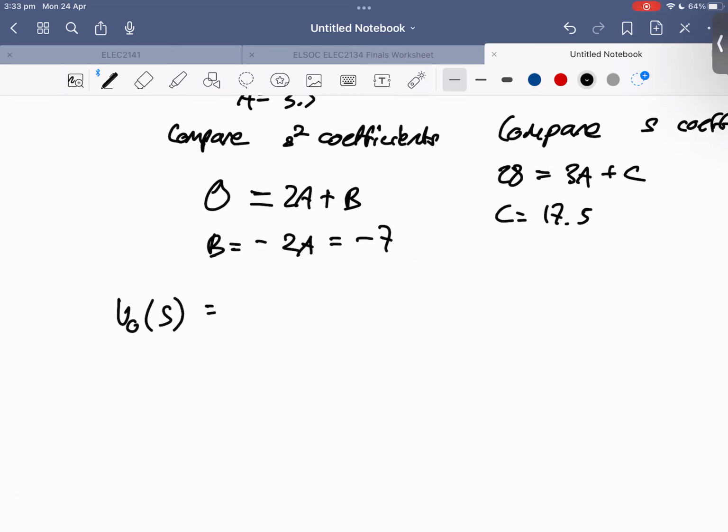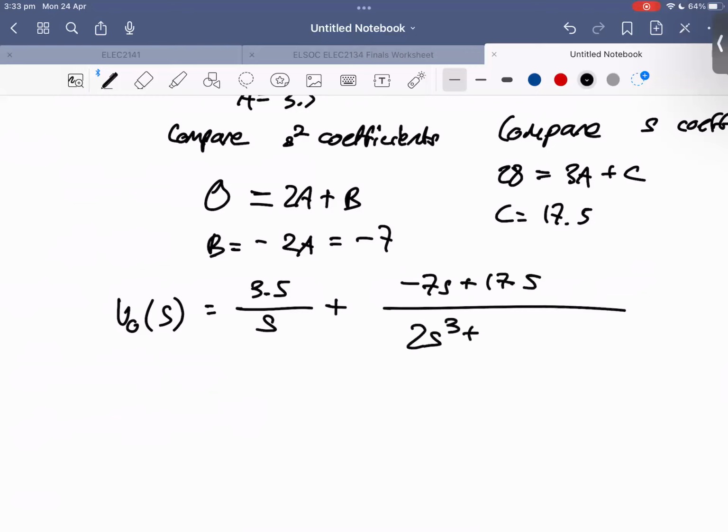So V0 of S is 3.5 divided by S, plus BS plus C, which is negative 7S plus 17.5, and that whole thing is divided by 2S squared plus 3S plus 2. Sorry, this should be a quadratic.